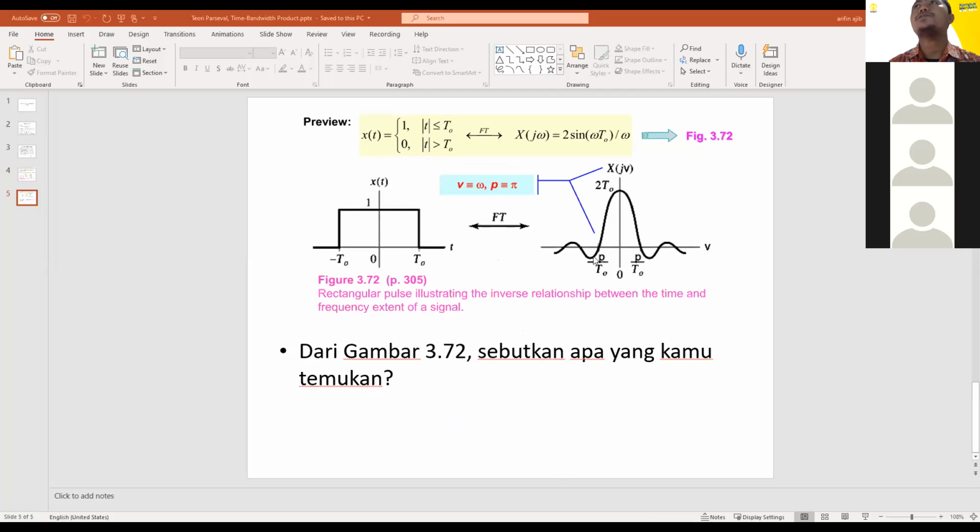Any information, any understanding, any opinion relating to the two graphs, please write it down in the chat box, please. I'm waiting.